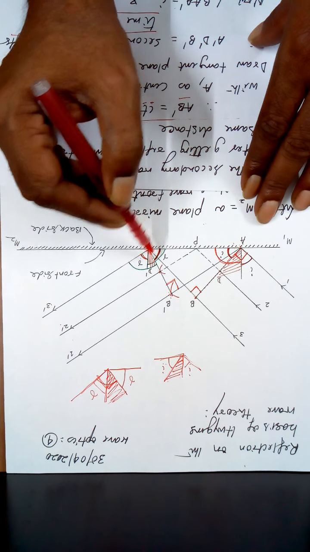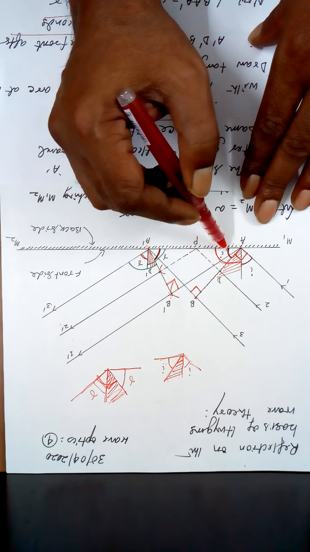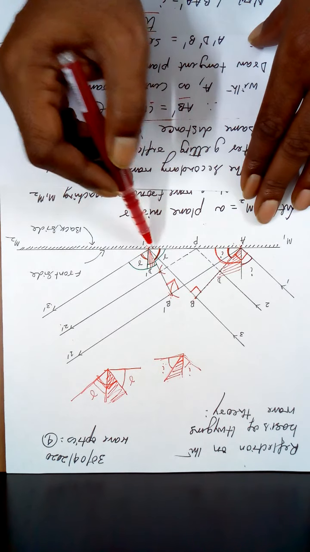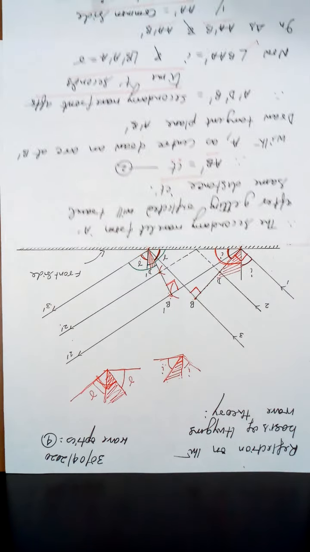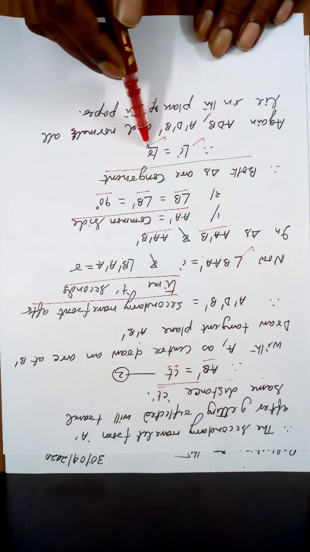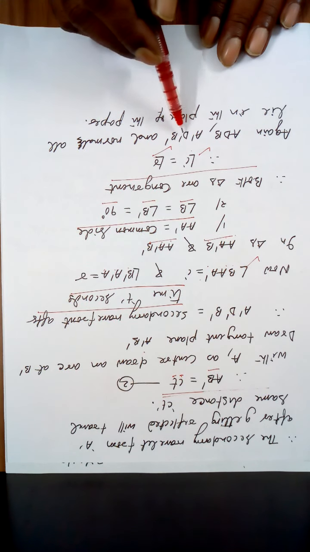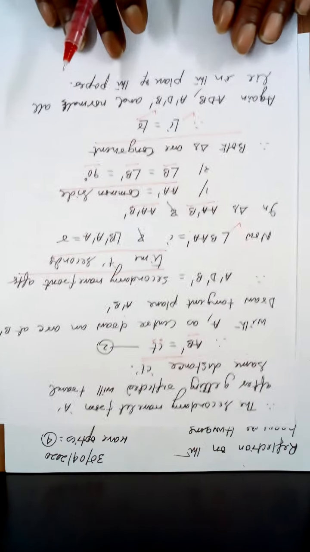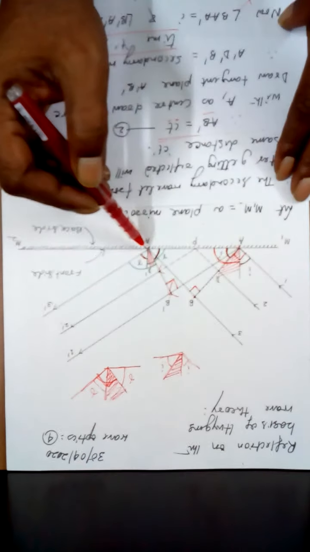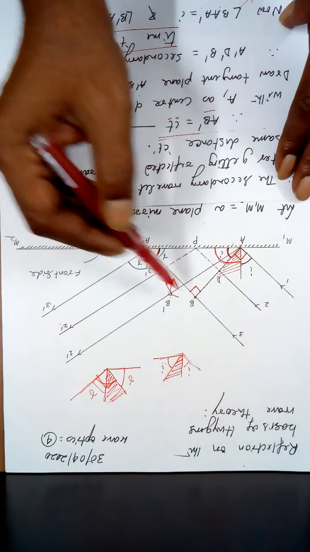Angle R in triangle B dash A dash A and angle I in triangle BAA dash are equal. That is, angle of incidence is equal to angle of reflection. Again ADB is the incident wavefront.